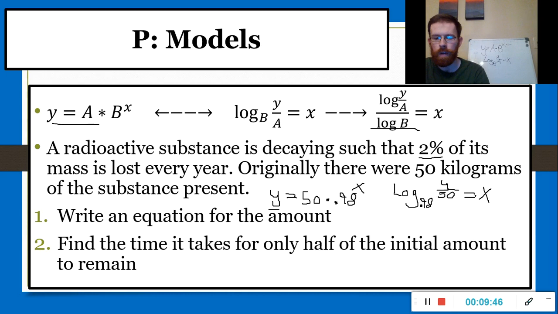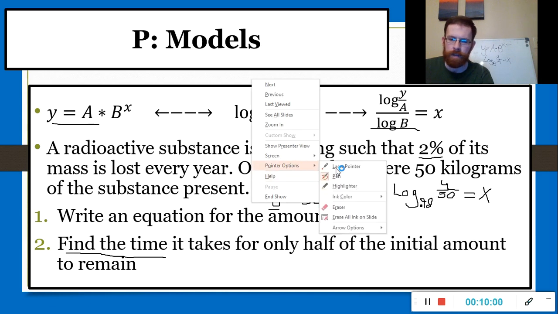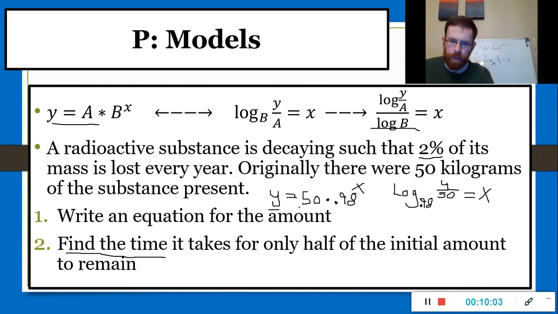We want to find the time it takes for only half of the initial amount to remain. So the point of this question is to find the time. Out of these two variables, y and x, which one's time? Are we going to be using the one on the left or the one on the right? It goes back to our independent and dependent variables.